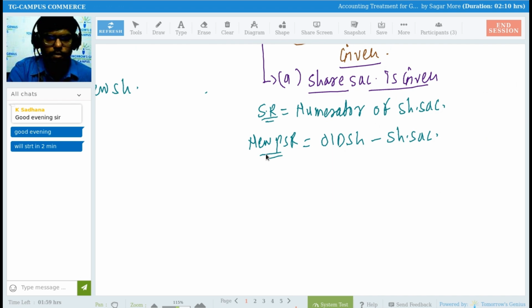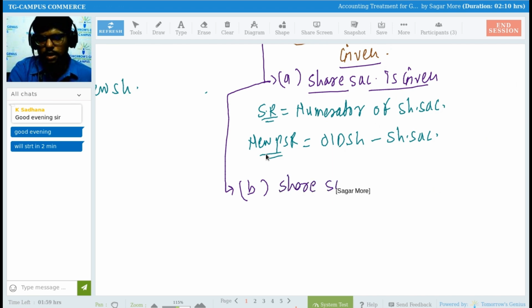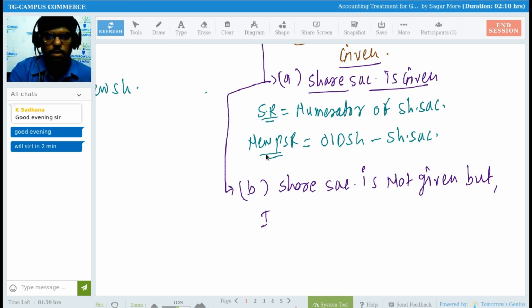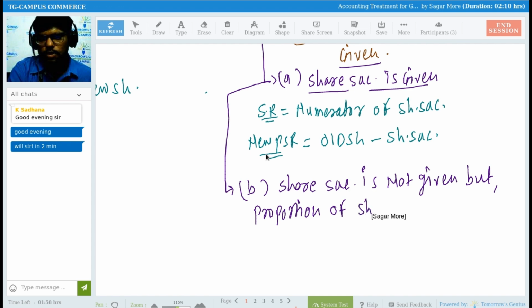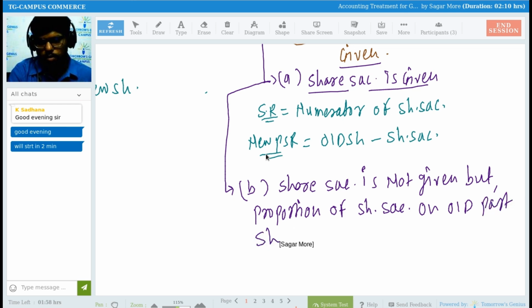Secondly, we covered B, where share sacrifice is not given, but proportion of share sacrifice on old partner share is given.